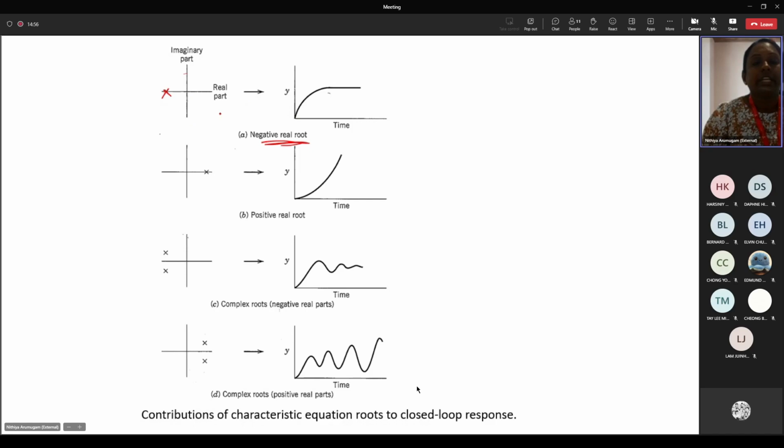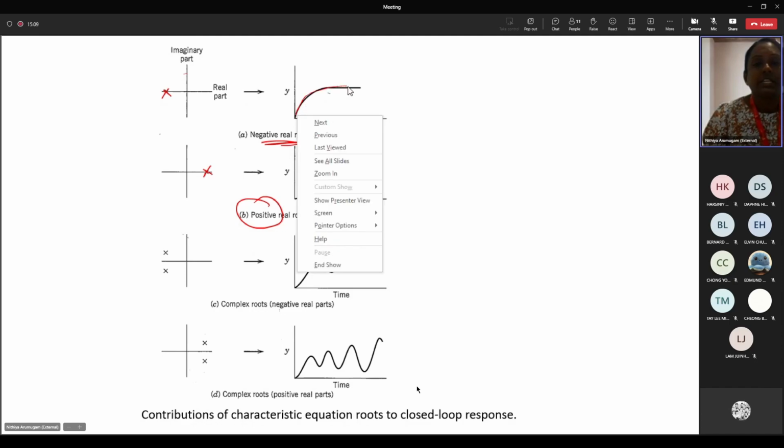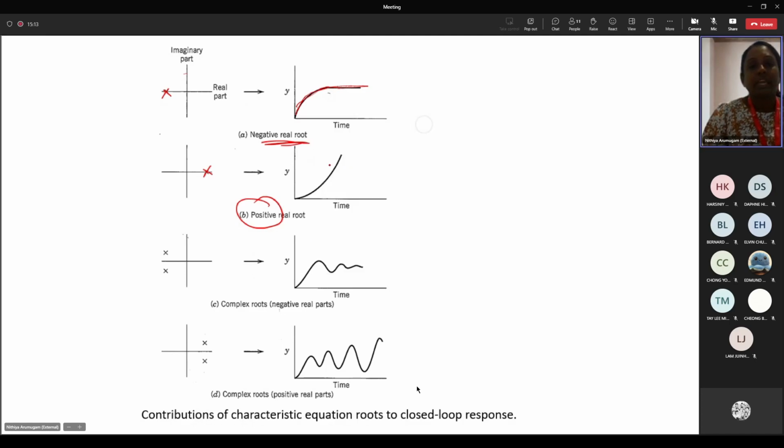So we call that stable. If it falls here, we call that a positive real root, so the system is unstable. If it is stable, it is already reaching a stable condition at this point. Unstable means it keeps exceeding or increasing. So this is unstable. All right.